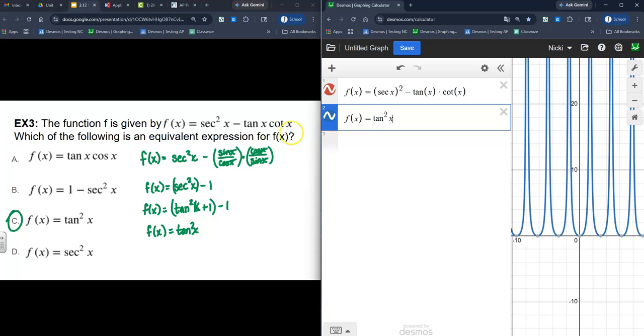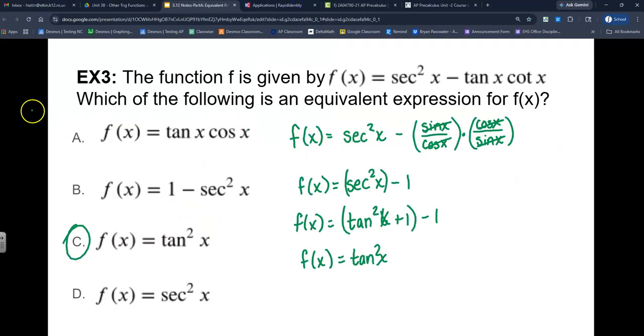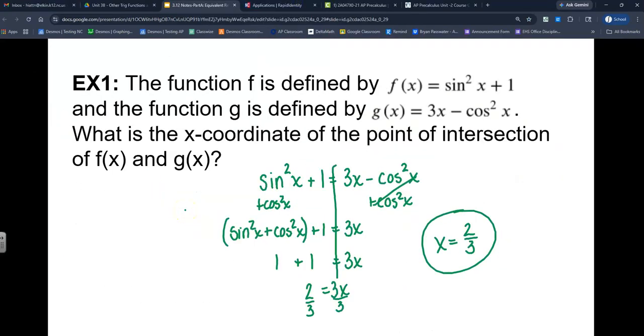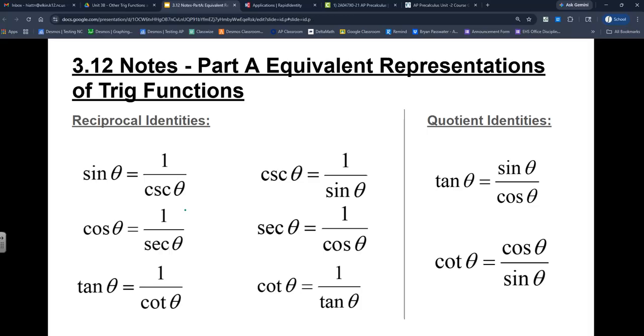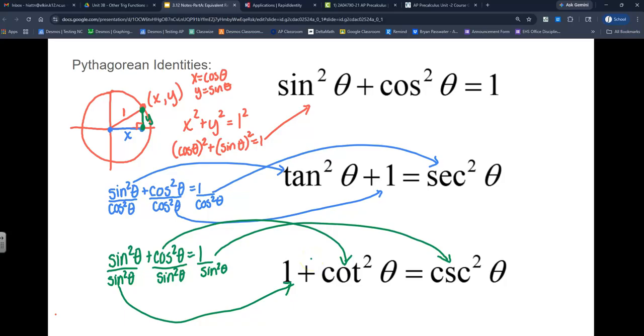Okay. And so for my seniors that just came in, we are looking at using trig identities to either solve equations or rewrite equations into equivalent forms. We really have already looked at these, and then I went through the Pythagorean identities as well.